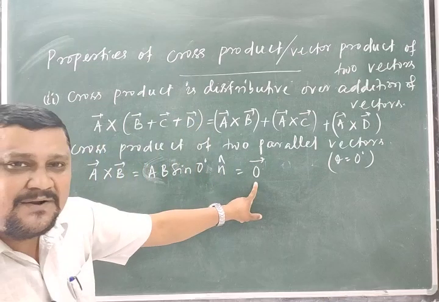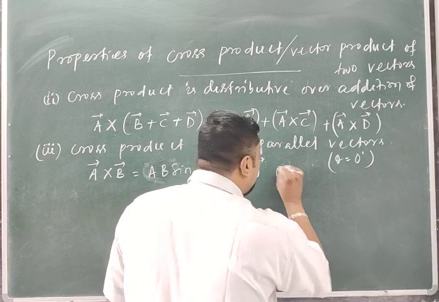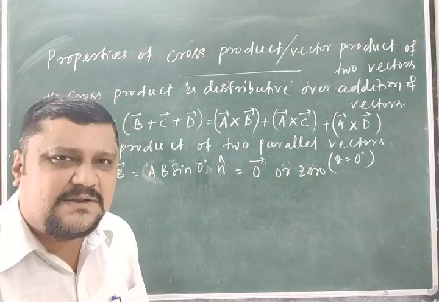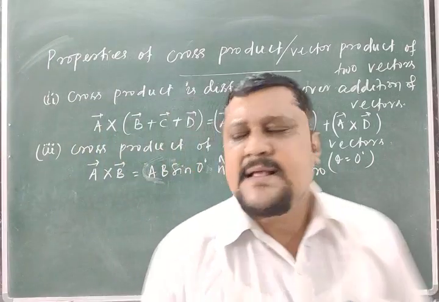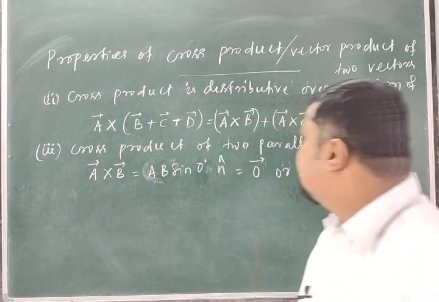The result is a vector. It is a null vector. Or sometimes we can show this as a 0 also. So null vector, or in magnitude form you can say 0. But in true sense, if you take the mode, then you will get 0.